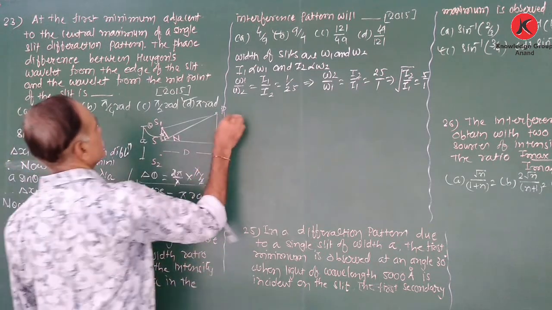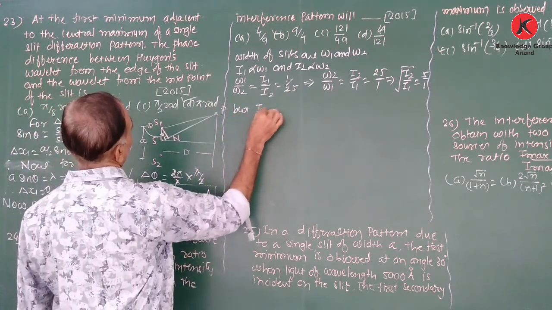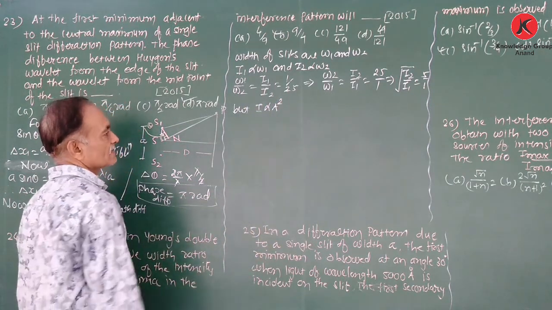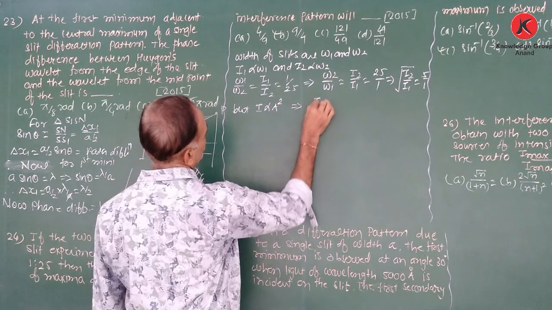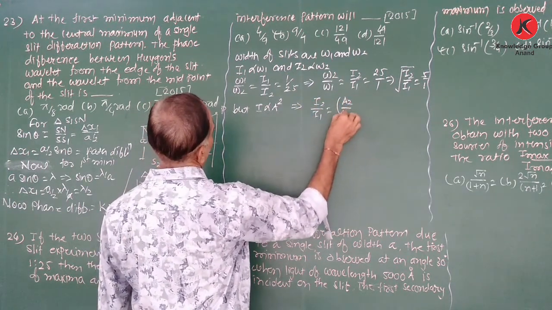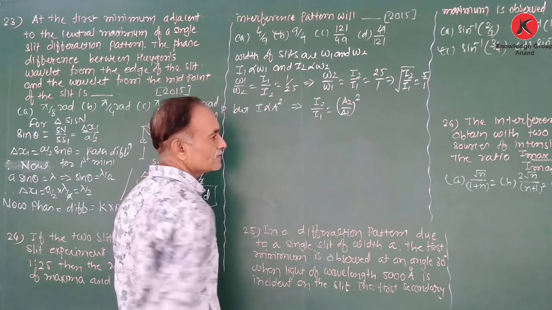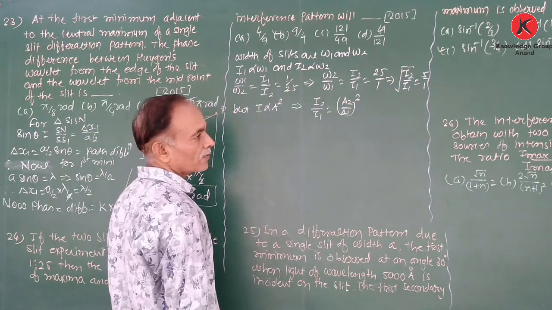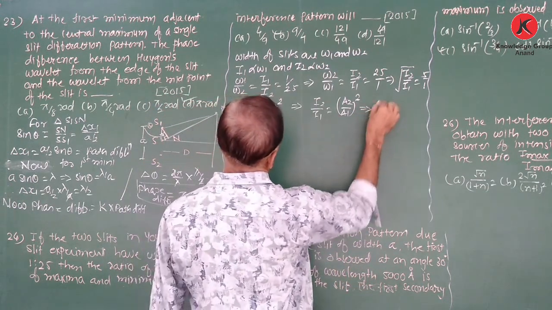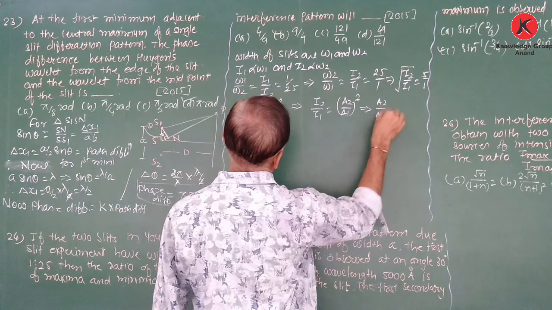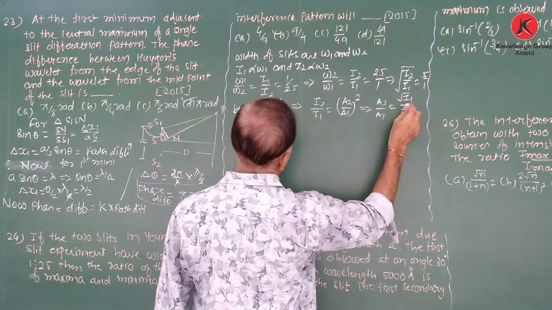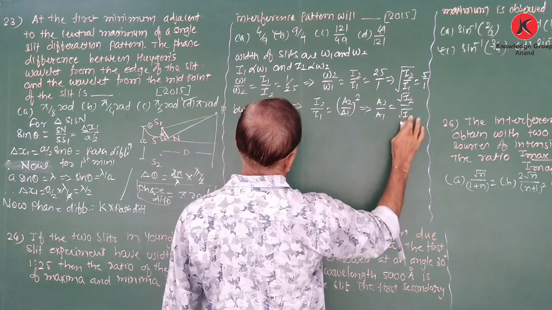But we know that I is proportional to A square. Therefore, I2 upon I1 is equal to A2 upon A1 whole square. Right? So, therefore, A2 upon A1 is equal to root I2 upon root I1.